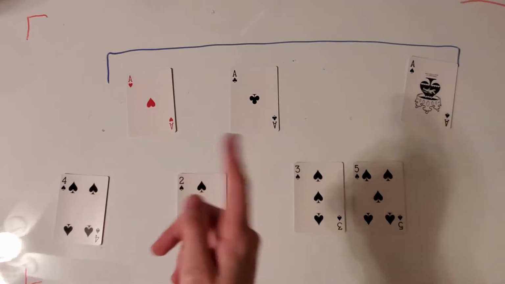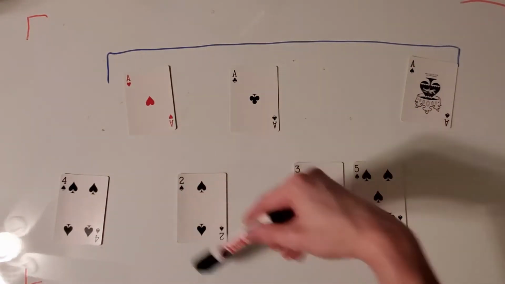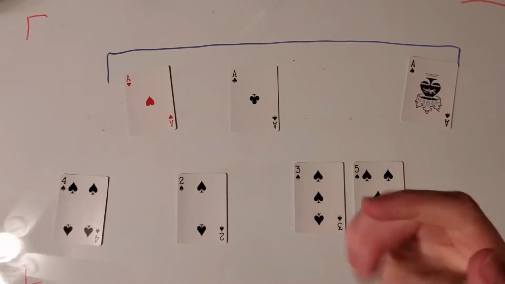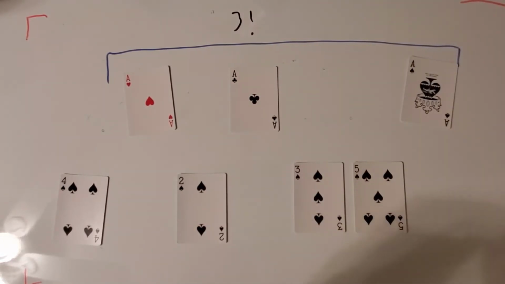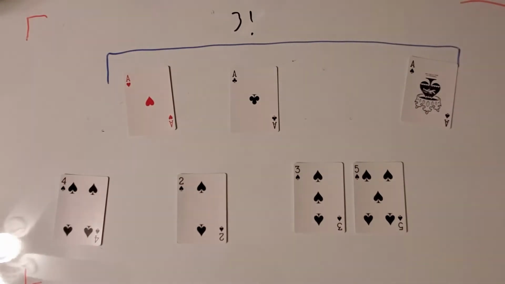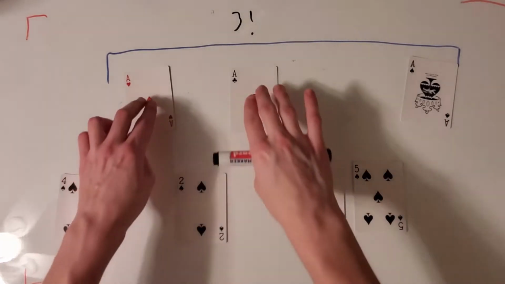How many different ways are there to arrange these 3 aces within this order of cards? Well, there are 3 aces, so naturally, now that you're experts, it's 3 factorial. So there are 3 factorial different ways to arrange these 3 aces that are redundant. So only one of them will actually count.